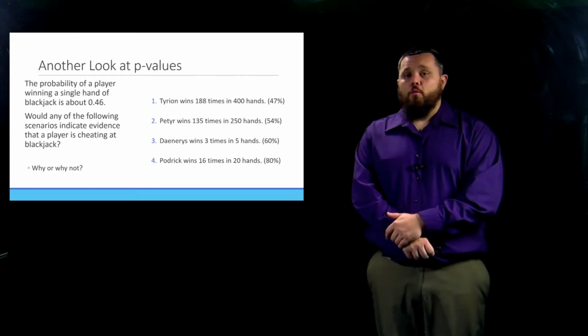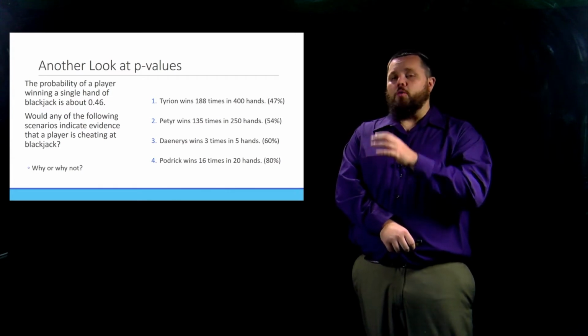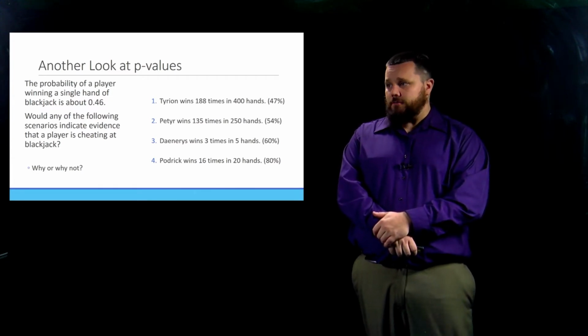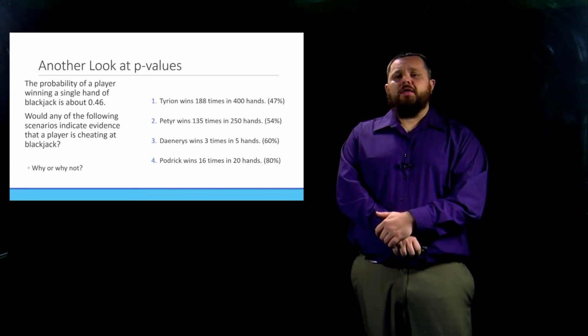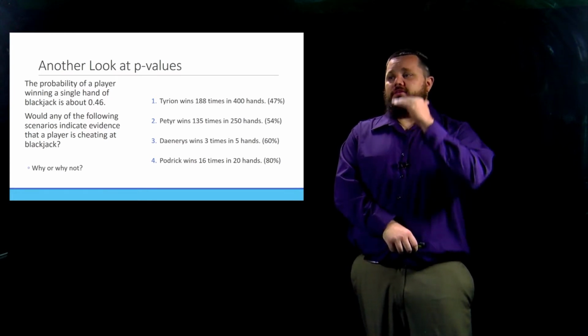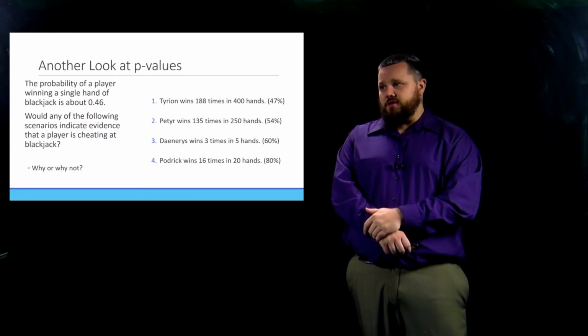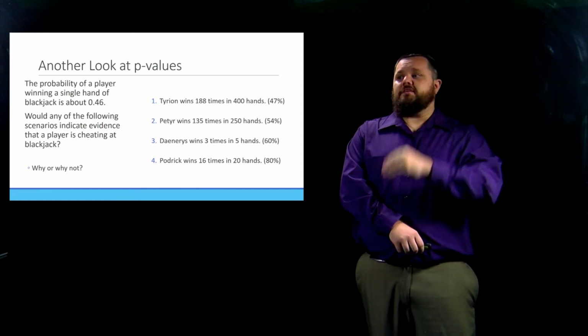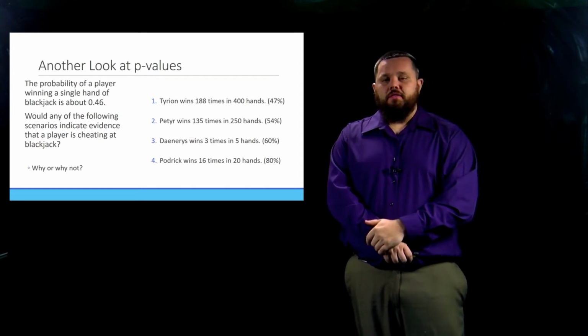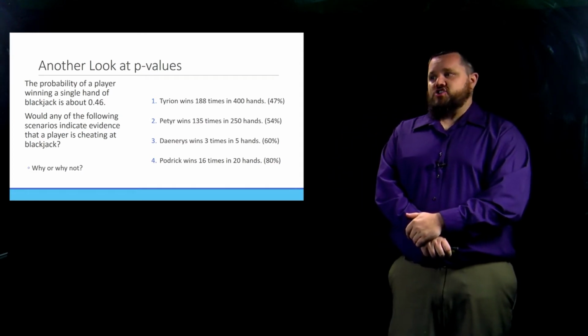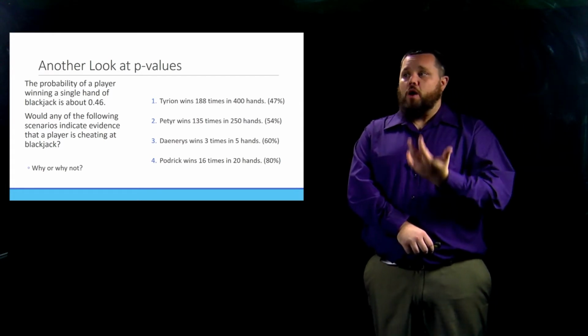Now, what I want you to consider in this example is, if we had these four players, and we have this information from these four individuals, does this information indicate that these individuals are cheating? And then lastly, why or why not?